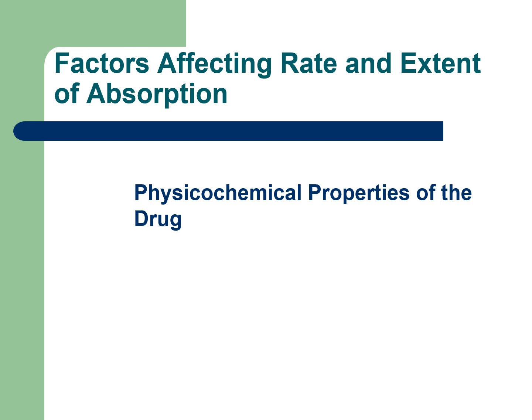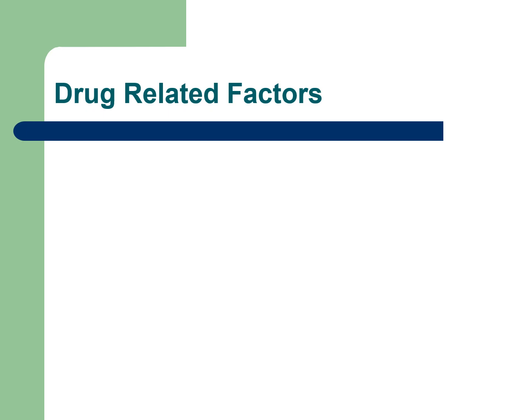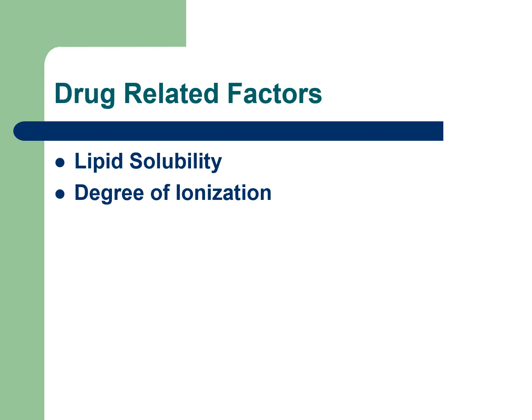Then we discussed in our previous lecture about the factors affecting rate and extent of absorption. We divided them into two main categories: drug related factors and patient related factors. In the drug-related factors, we discussed the physiochemical properties of a drug which can affect its absorption, the most important one being lipid solubility, which has a direct relationship, and degree of ionization.